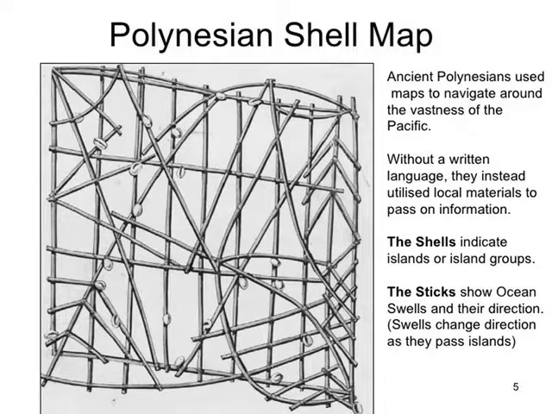But while they were traveling during the daytime, they didn't have the advantage of the stars to navigate. So they would use something known as a shell map, a Polynesian shell map. This shell map consisted of shells and sticks. Now the sticks represented currents and the ocean direction, and then the shells would represent islands.